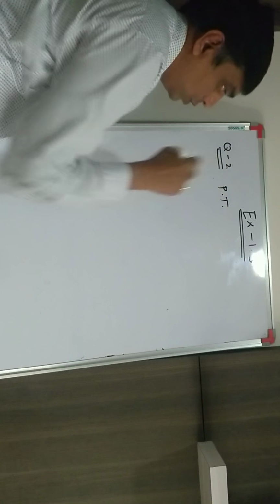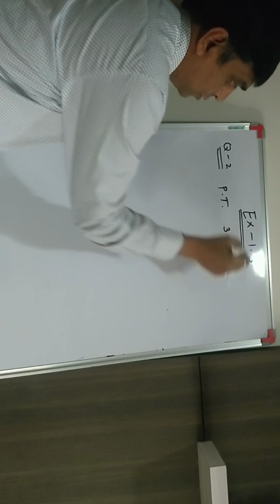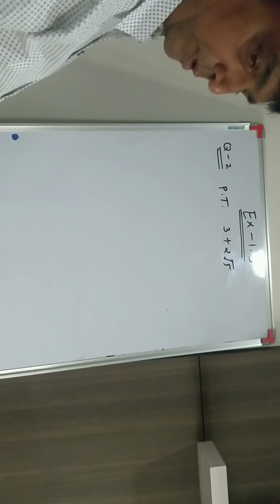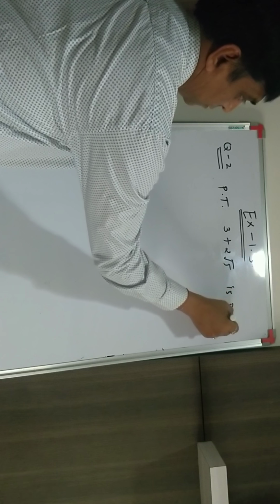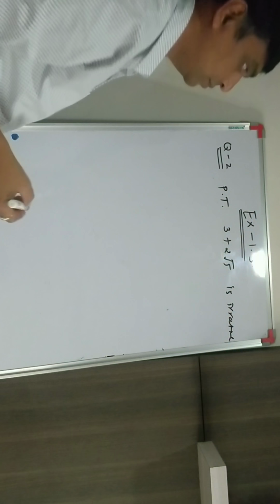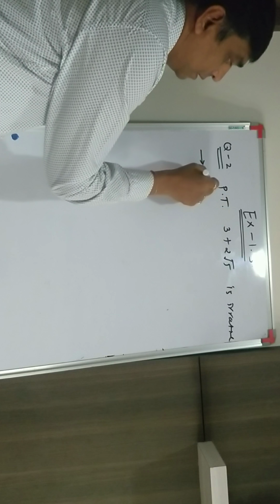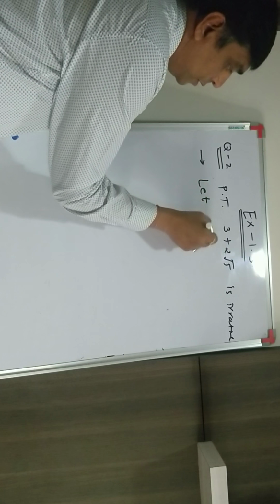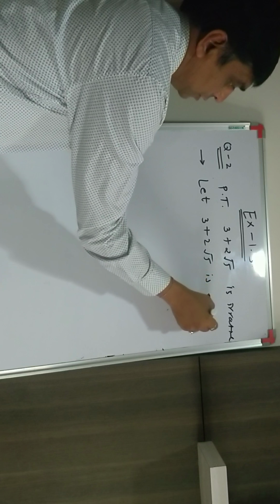We have to prove that 3 plus 2 root 5 is irrational. Same proof. Let 3 plus 2 root 5 be rational.